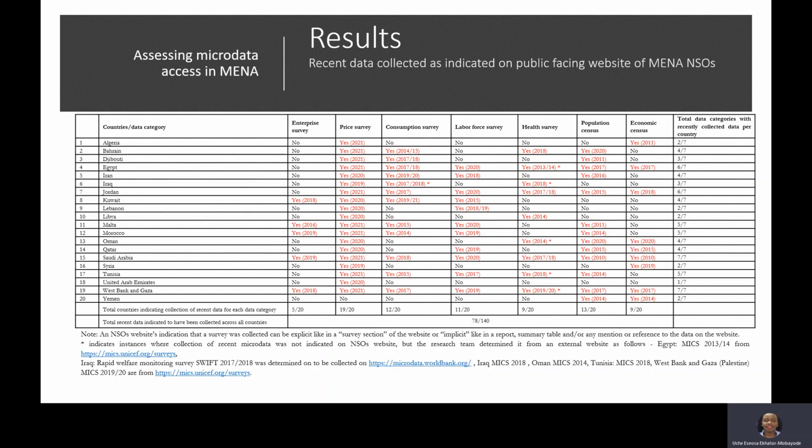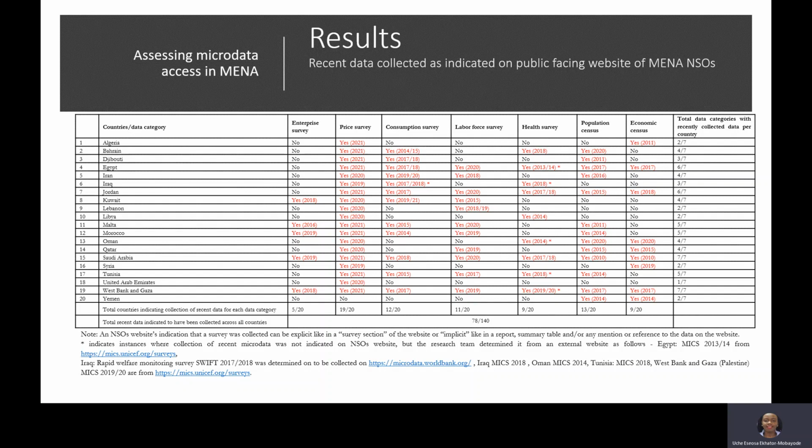And then on the other end, you have countries that haven't done so well, like the UAE, which has only collected 1 out of the 7, as well as countries like Algeria and Lebanon that have only collected 2 out of the 7. So essentially, there's a disparity in how countries perform.